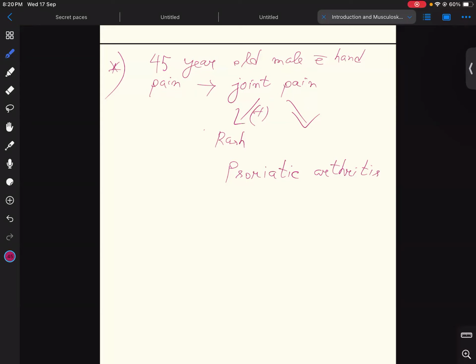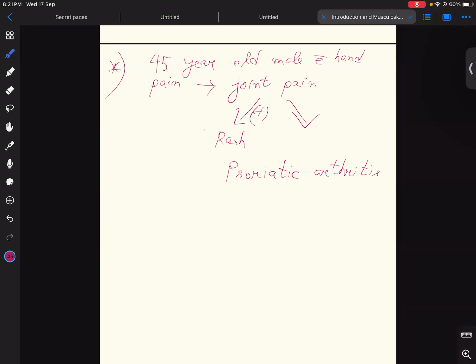That was a case of psoriatic arthritis, and he was not given the mark in the physical examination section in the identifying physical sign because he missed the rash over both knee joints. So you have to raise the gown to look at both elbows. But to look at the private parts, you have to take permission from the examiner. Remember that. You have to know all the possible areas where you can get the psoriatic rash. This is very much important.